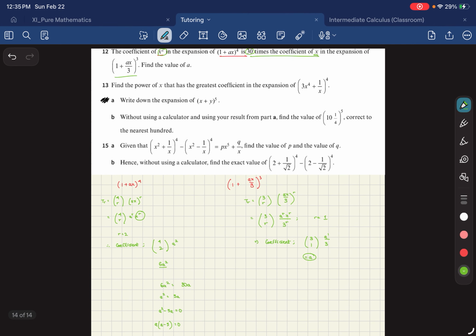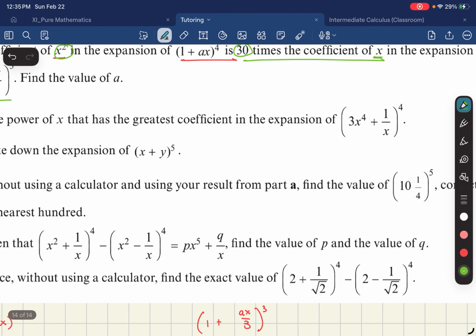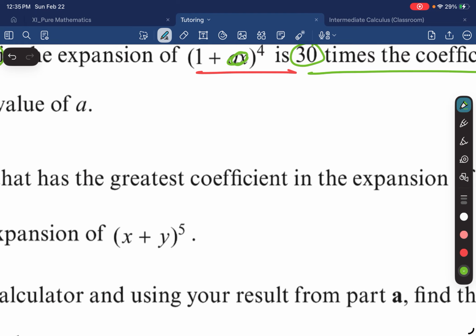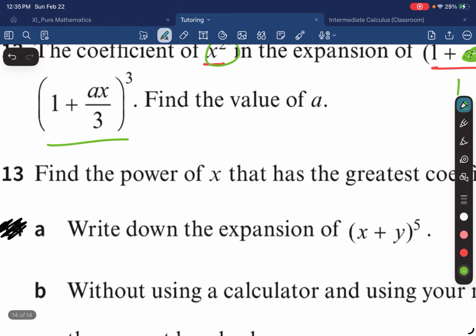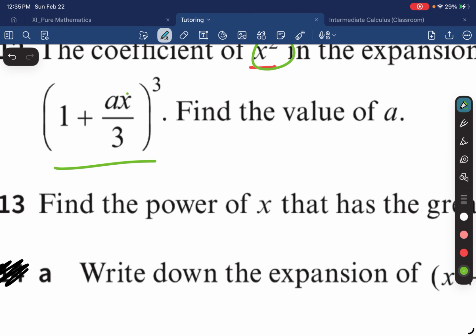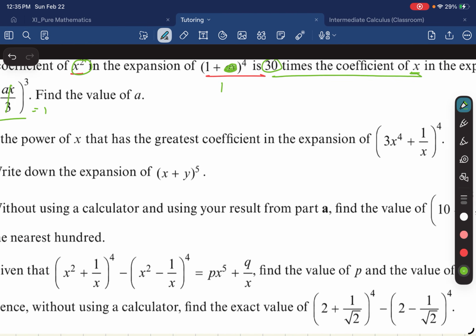And let's think. Can a be negative? Well, no. Can a be 0? If a were to be 0, this would be 0, and 1 to the power 4 would be just 1. So 30 times 1, this would just be 30. And this would be 0 again, and 1 times cube is just 1.